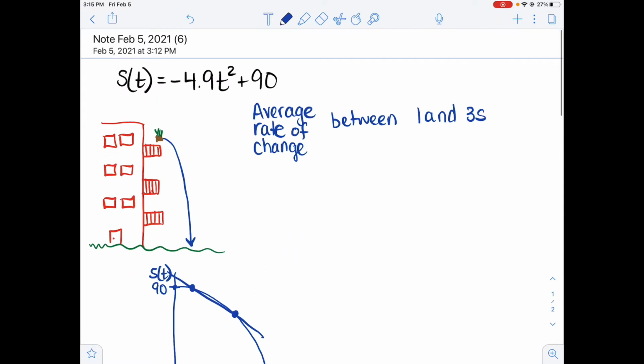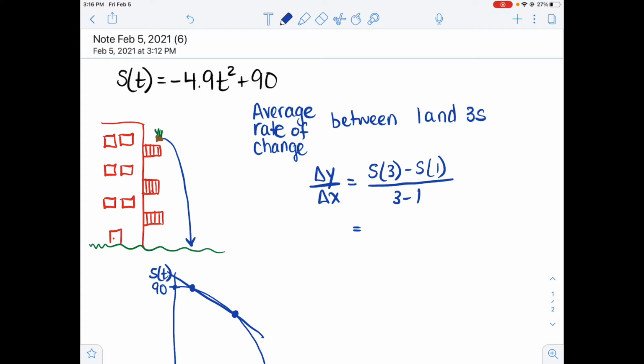So we're just going to use our regular old rate of change formula. We're going to calculate S of 3 minus S of 1 divided by 3 minus 1, basically y2 minus y1 over x2 minus x1.